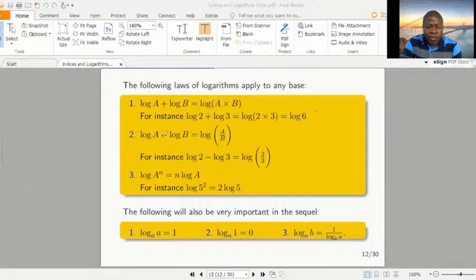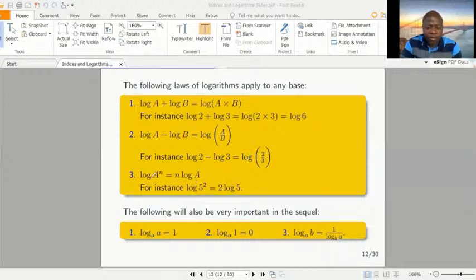And subtraction here will be treated as division. So the log of a minus log of b will be log of a out of b. For instance, if I'm given log of 2 minus log of 3, this will be the same as log of 2 out of 3.